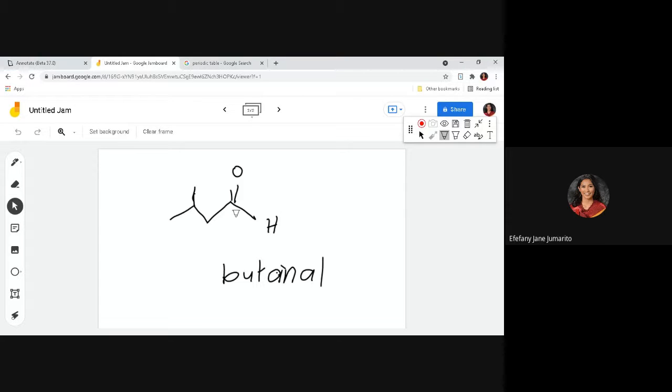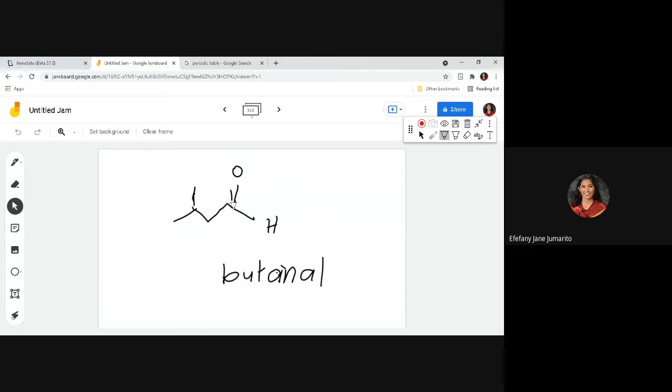Okay, count. Do we count from here, here, or here? From where? Where will we start? Let's start from the right. Okay, let's start here from the carbon where our aldehyde is.